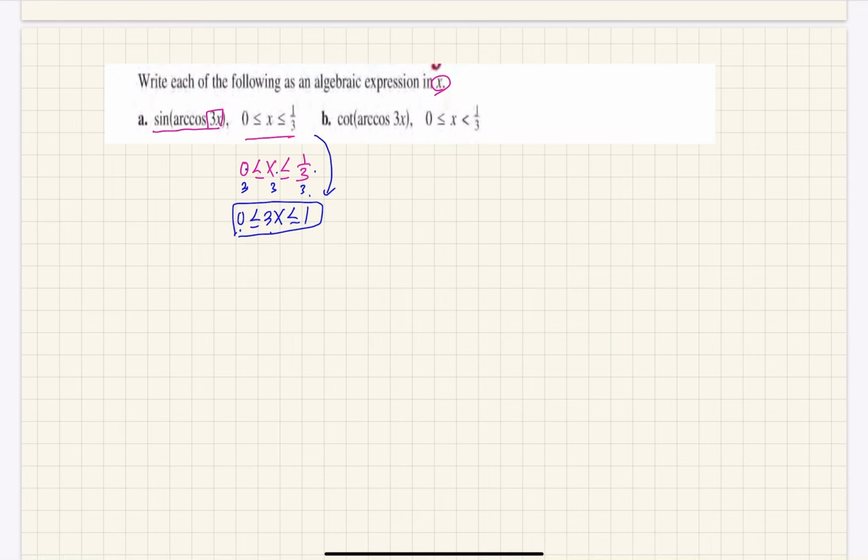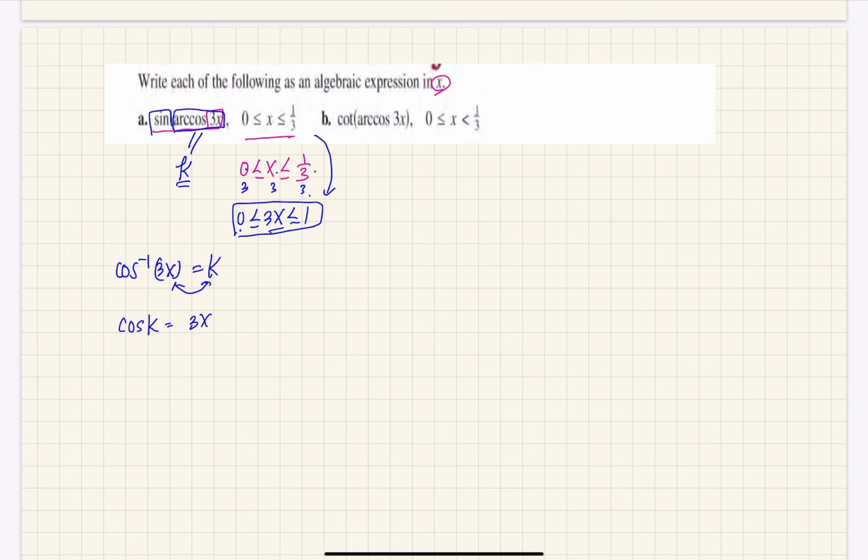And then, because this is an inverse expression, set up k, and we are finding sine k. Arc cosine, which is cosine inverse 3x, equals k. Switch x and y. So cosine k is 3x.